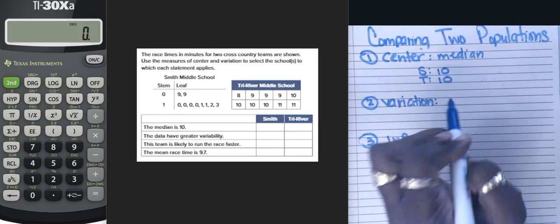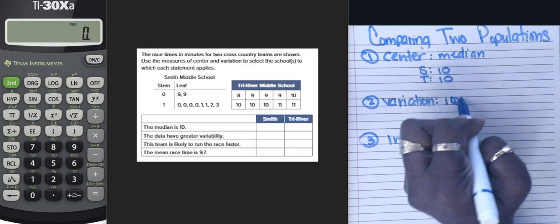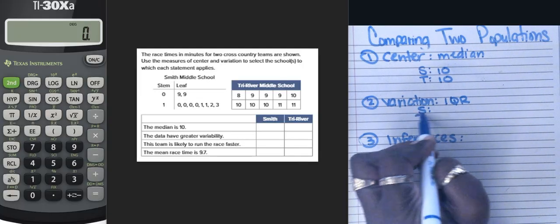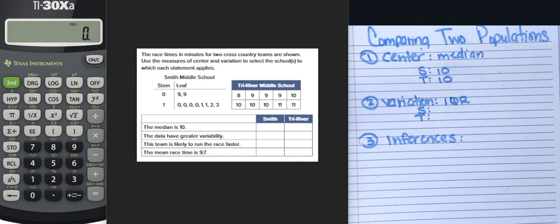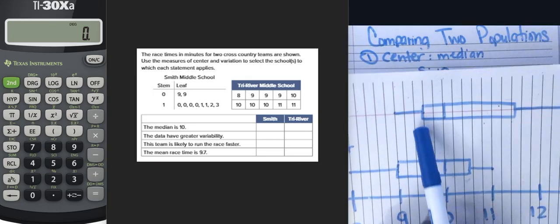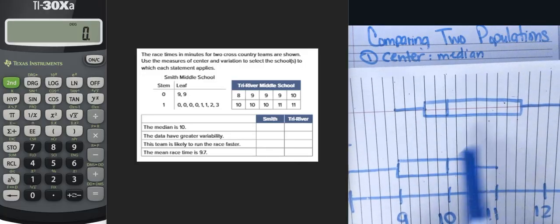And because we use the median, I want to also use the interquartile range to find the spread, or the difference from that center, of Smith and the Tri River School. So when I did that, this is what my interquartile range looks like. Remember, we just really care about the information inside of the box.